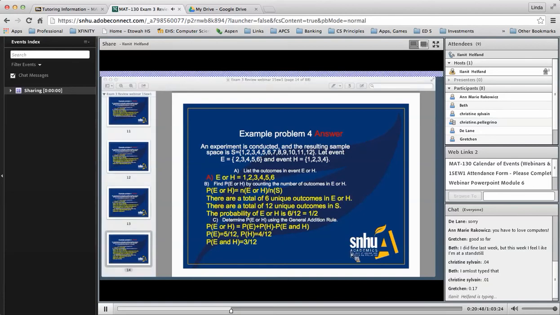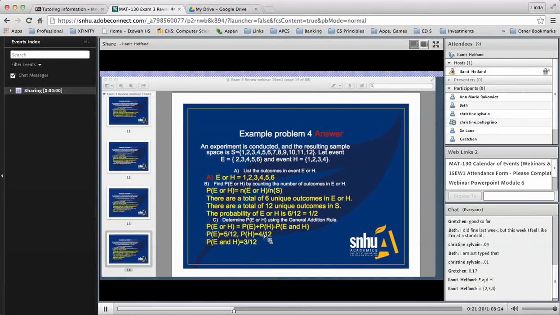E and H is all of the things that are in E and also in H. So 2's in both, 3's in both, and 4's in both, and that's it. So to be in E or H, you need to be in E or in H. And to be in E and H, you need to be in E and also be in H. And there are 3 things that are in both E and H. Okay, so the P of E and H is 3 out of 12.